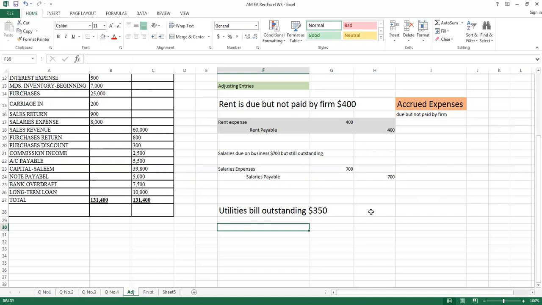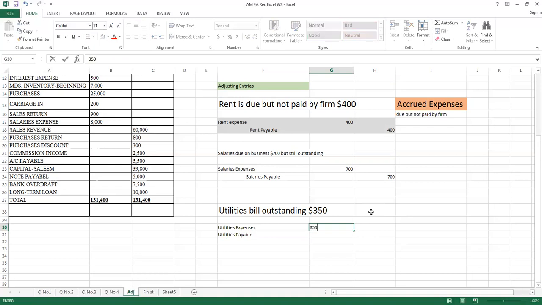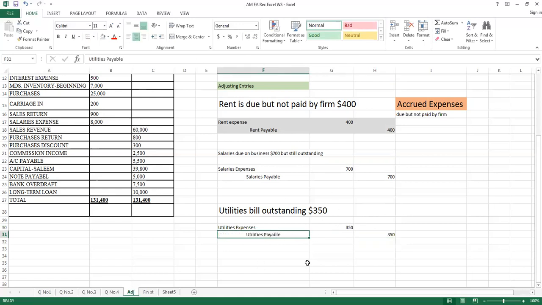Think again. Maybe you can prepare one or two titles. Utilities expenses debit and utilities payable credit by 350. So student, utilities expenses debit and utilities payable credit.